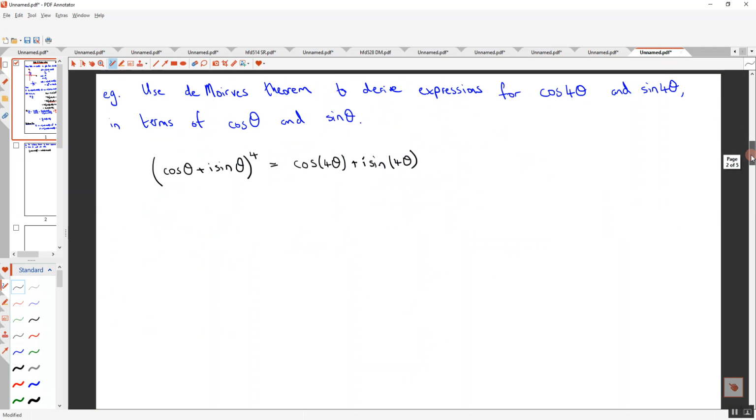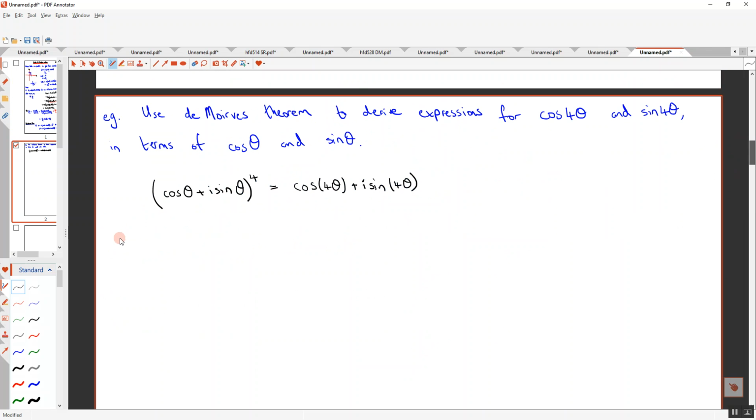Now the other way we can expand it is by using everybody's favorite, binomial expansion.